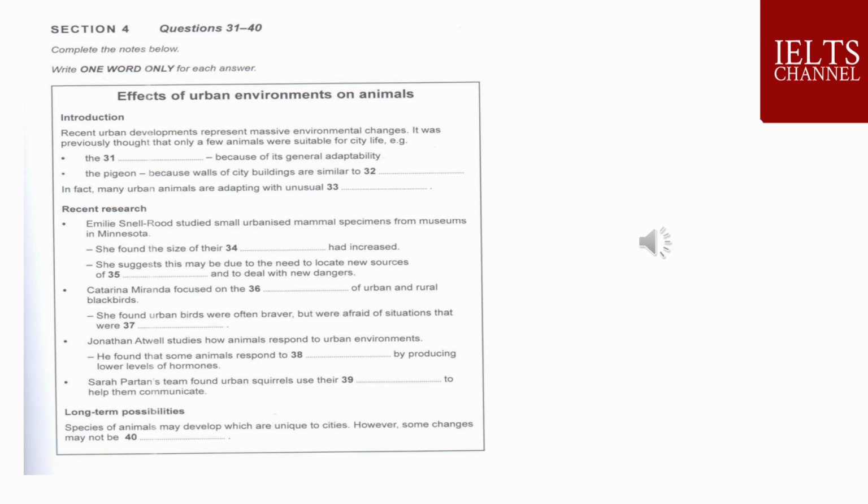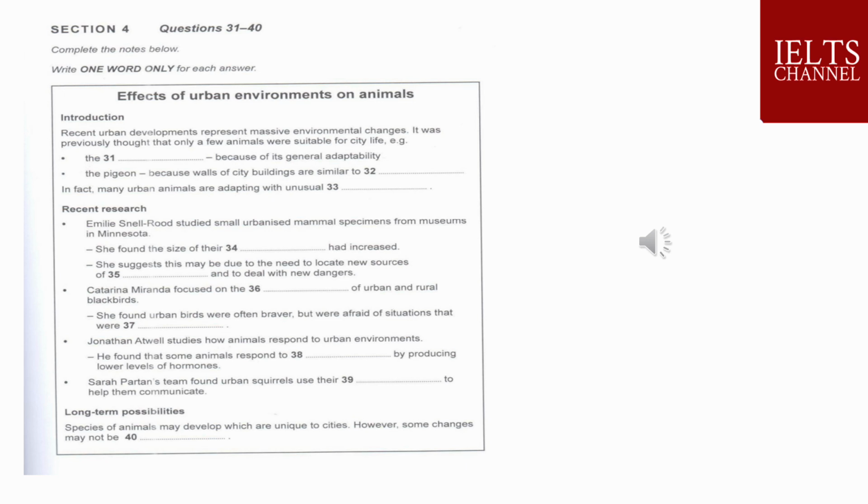Then over in Germany, at the Max Planck Institute, there's another biologist called Katharina Miranda, who's done some experiments with blackbirds living in urban and rural areas. And she's been looking not at their anatomy, but at their behavior. So, as you might expect, she's found that the urban blackbirds tend to be quite bold.